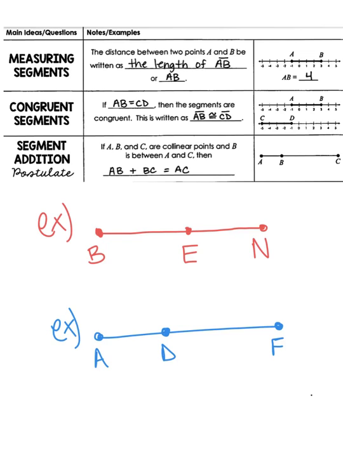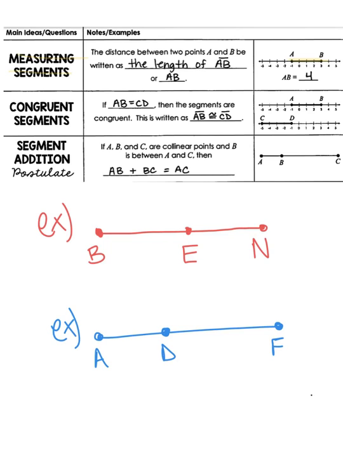If we look at the top, the first one we're going to talk about is measuring segments. When we talk about measuring segments, the distance between two points, A and B, it'll be written as the length of AB. So we want to find the distance of two points. We're going to identify this as the length of A to B, or AB.